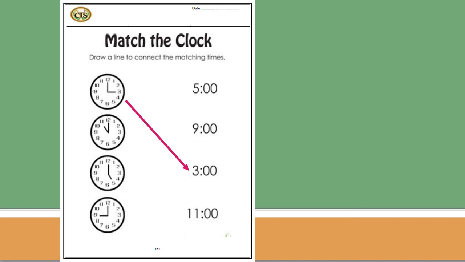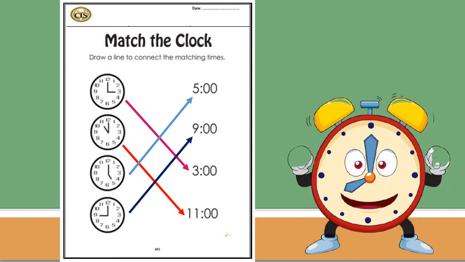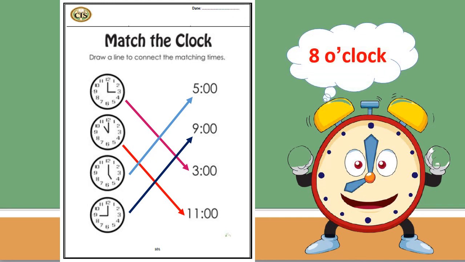So it will be 11:00. Here the short hand points to 5 and the long hand points to 12. So it means 5:00. Here the short hand points to 9 and the long hand points to 12. So it means 9:00. Now, what is the time? It will be 8 o'clock.